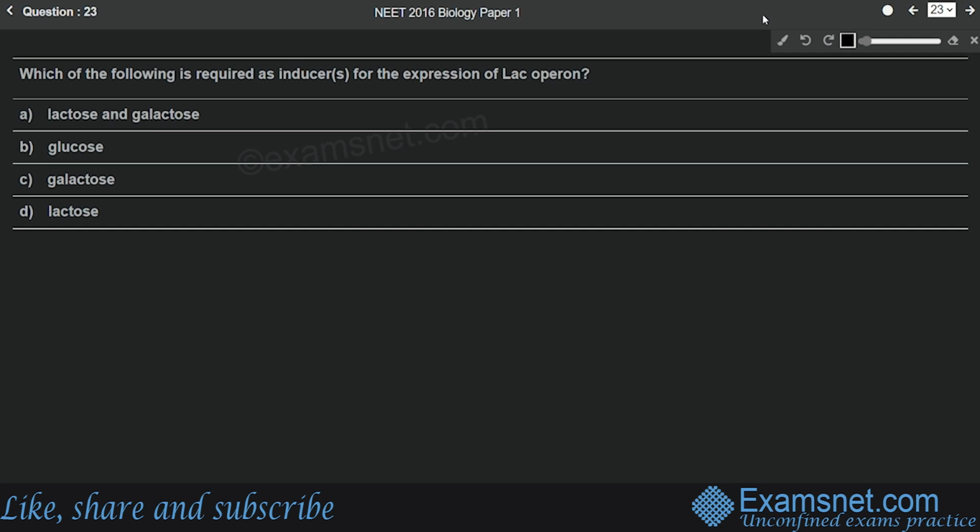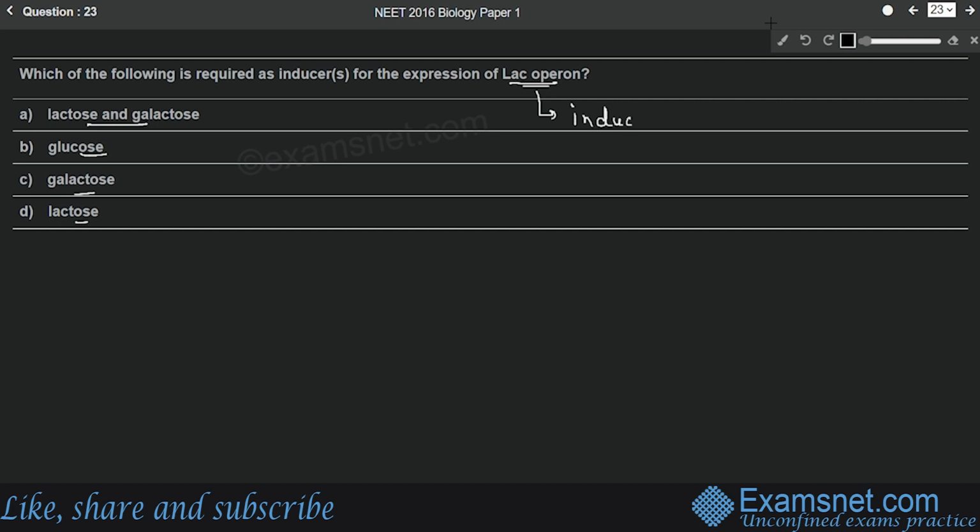Question number 23 is from the chapter Molecular Basis of Inheritance, and the question is, which of the following is required as inducer for the expression of lac-operon? Options are lactose and galactose, glucose, galactose and lactose. Okay, so first of all we know that lac-operon is an inducible operon.